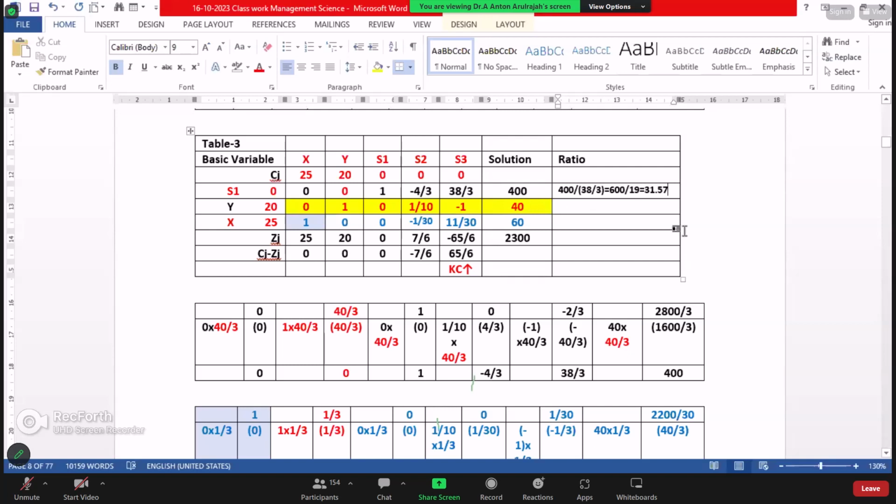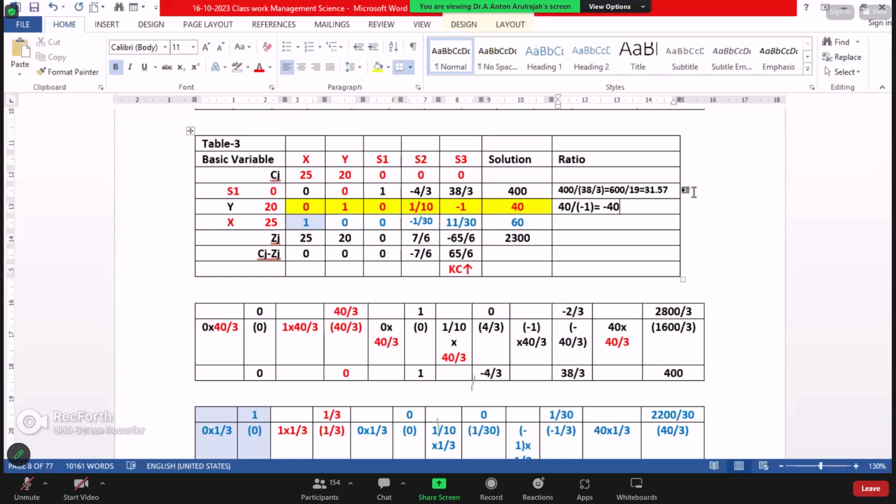So then this one, 40 divided by minus 1, right? Okay. That is minus 40. 40 divided by minus 1.